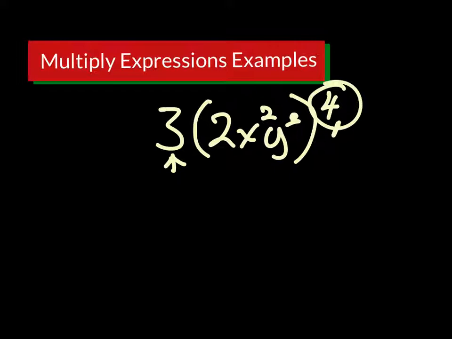Now the power of y is 3, and the power of x is 2, and the power of 2 is 1, right? If there's no exponent, then it's to the power of 1.